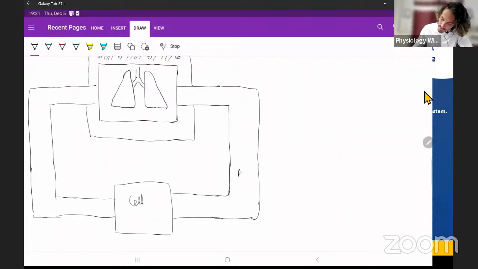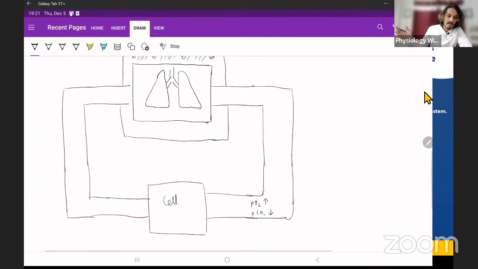If you look over here, you will see that generally your partial pressure of oxygen will be higher and partial pressure of carbon dioxide will be lower here. By the time it gives to the cell and comes back, PCO2 will be higher and PO2 will be decreasing. So this is the whole function of your respiratory system.